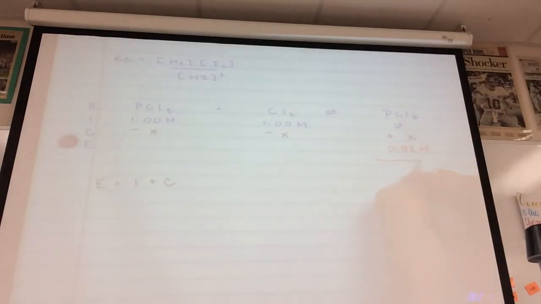Using this piece right here, if 0 plus x is equal to 0.82 molar, then x has to be 0.82 molar. If you had 2x here, then you would divide it by 2 to solve for x.